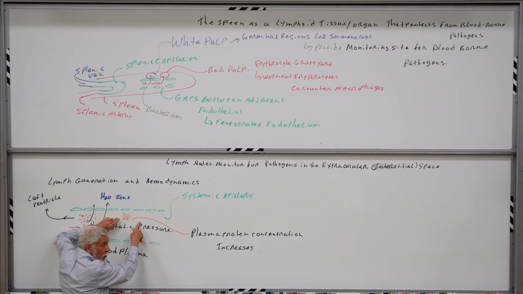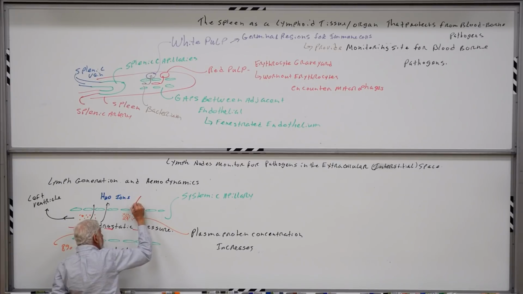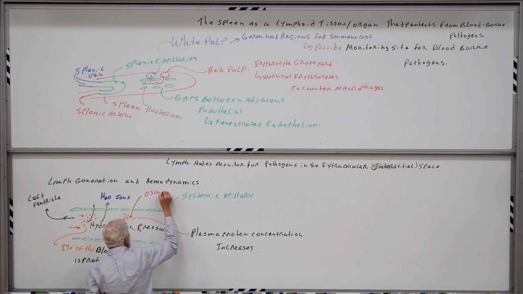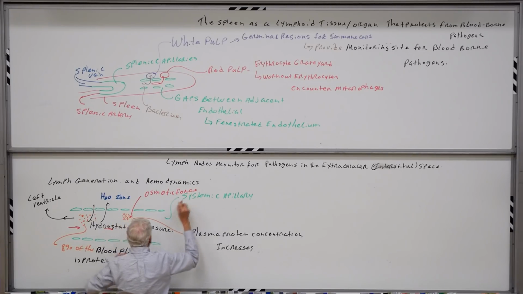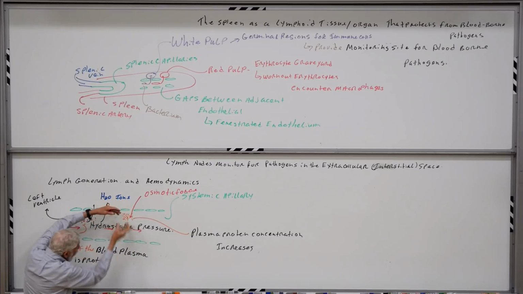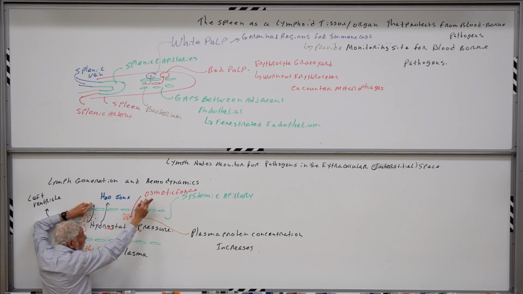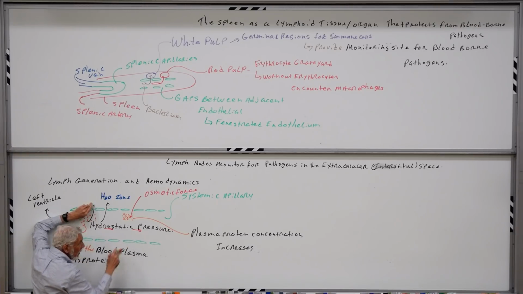Because the protein concentrations are increasing, we now have another force to reckon with, and that is the force called osmotic force. And the osmotic force is drawing or pulling the water back into the capillary. Water is simply moving from region of higher concentration to lower concentration, but it's moving now back into the blood capillary.